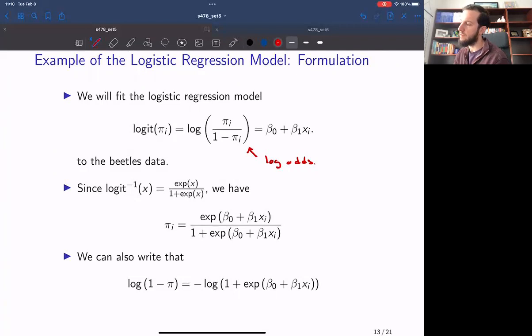Since the logit is equal to the following, the probability of observing the event for the ith observation is given by the following. This is just the inverse of the logit. And this can be computed directly in R using the ilogit function, for example. We'll talk about that in lab tomorrow.